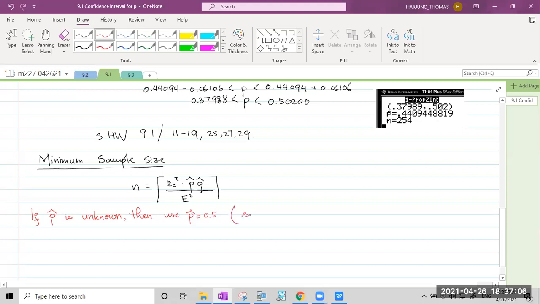Consequently, q hat will also be 0.5. So if p hat is unknown, the formula becomes n equals the ceiling of critical value squared times 0.5 times 0.5 over margin of error squared.